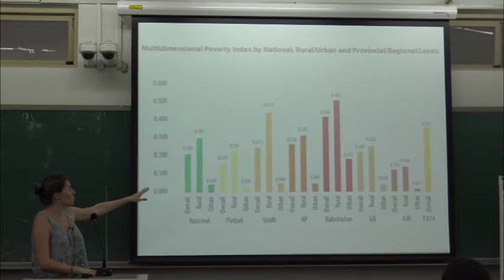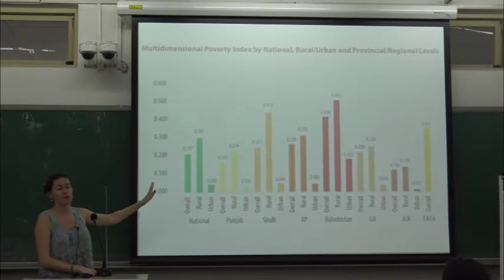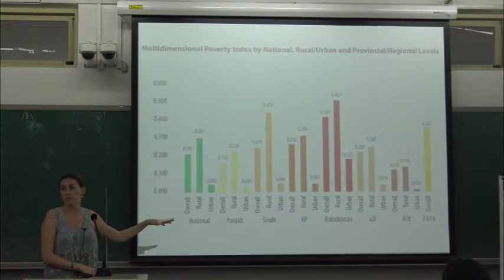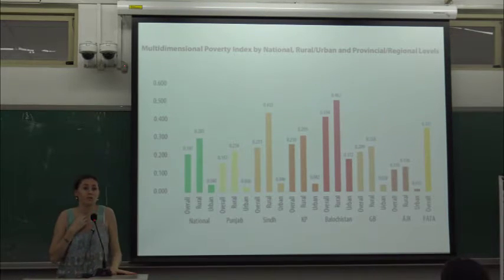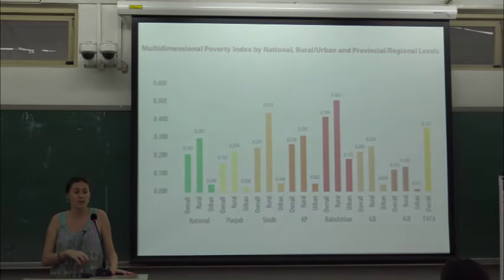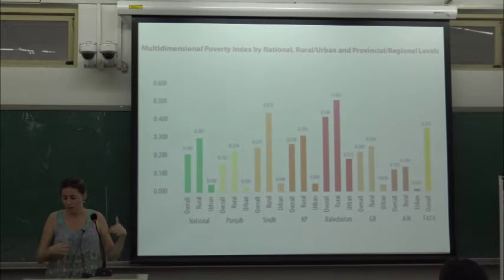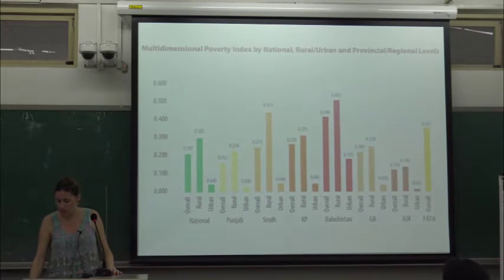And that is something that we see at the national level, but similar trends are found for each of the different provinces in the country. In particular, at the national level, we find that, for example, less than 10% of the population that lives in urban areas is multidimensionally poor, while the proportion of people living in poverty in rural areas is around 55%. So it goes from 10% to 55% at the national level. And then similar gaps are found for each of the provinces in the country.